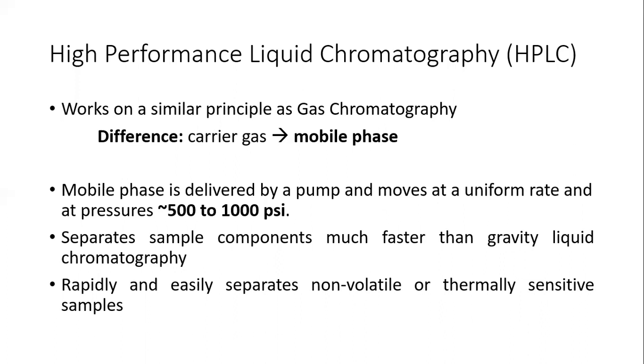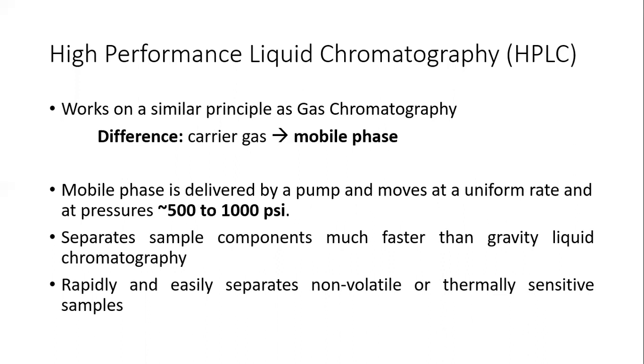Which is usually a solvent or a mixture of solvents. In the HPLC, the mobile phase, the solvents, is delivered by a pump and it moves at a uniform rate and at very high pressures throughout your system.